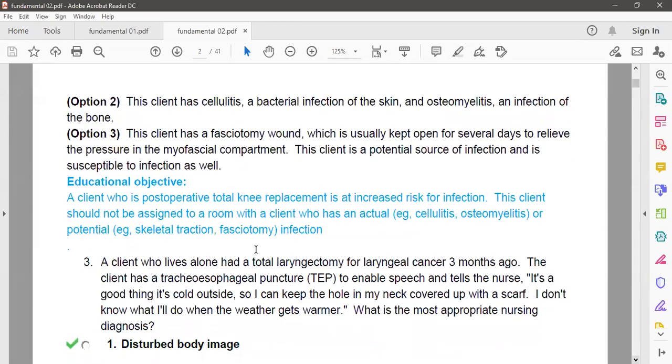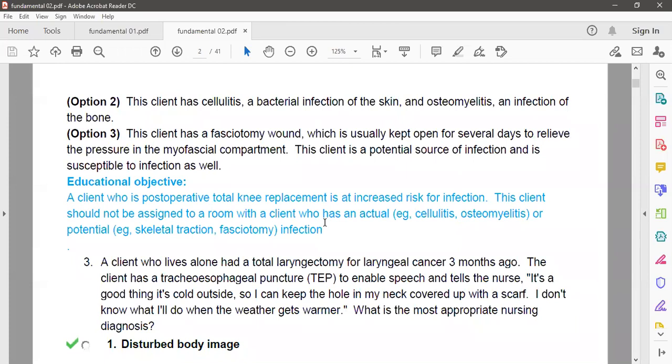Objectives: the client who is post-operative total knee replacement is at increased risk for infection. This client should not be assigned to a room with a client who has an actual infection or potential infection.